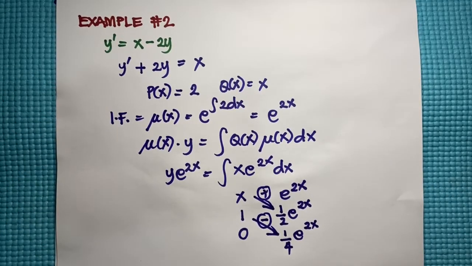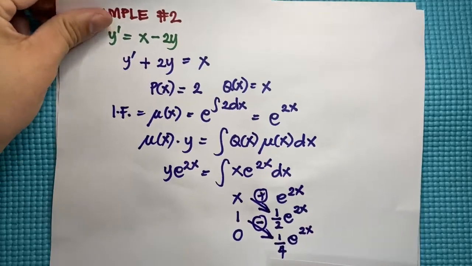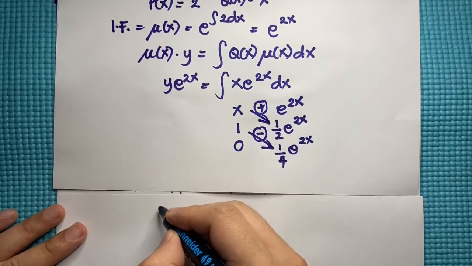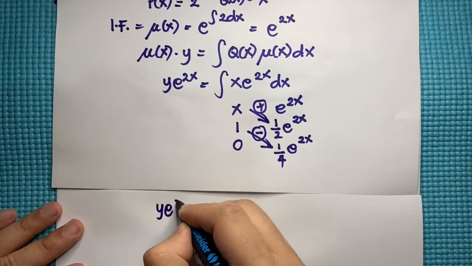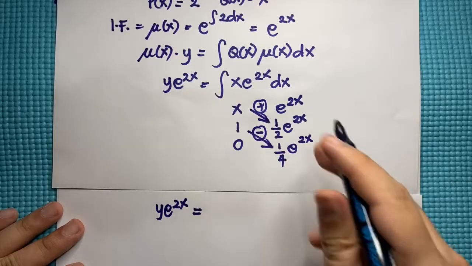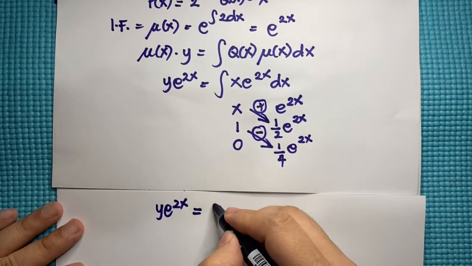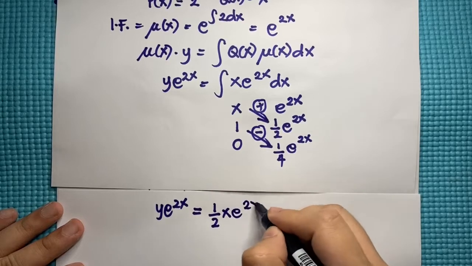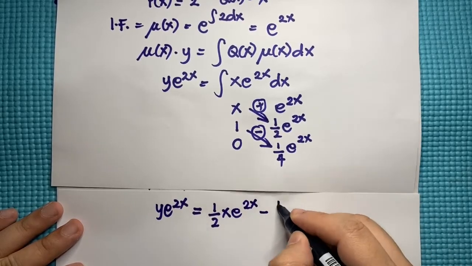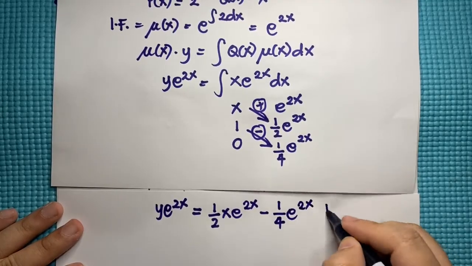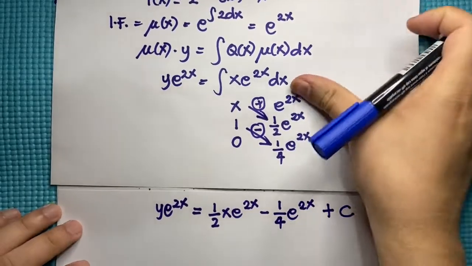Next is to write our general solution, which will be y e raised to 2x equal to positive 1/2 x e raised to 2x, and then minus 1/4 e raised to 2x, plus c.